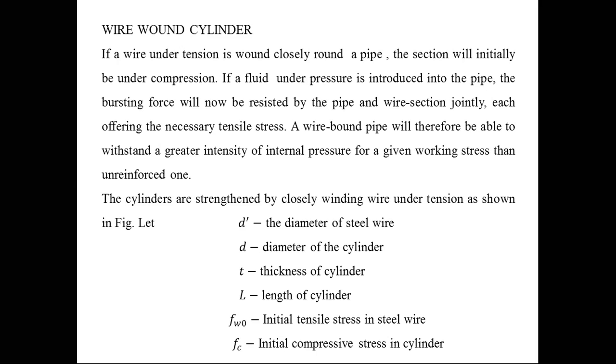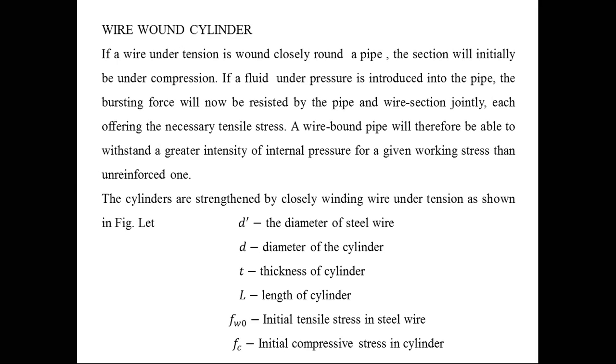Then you admit the fluid pressure into the cylinder, what will happen? The net hoop stress will be the algebraic sum of the initial stress and the admitted fluid pressure. Therefore, the hoop stress is reduced compared to the initial, and its capacity to carry high pressure fluids is increased. That is the technique used in the wire wound problem.